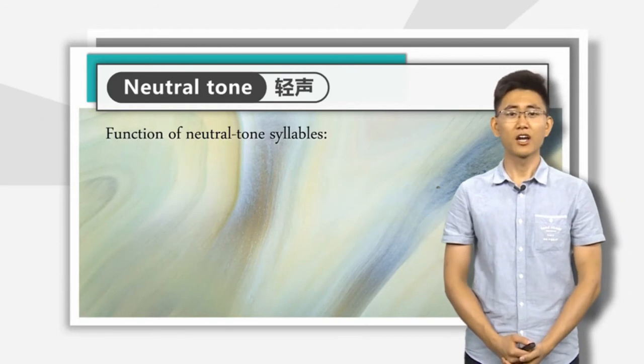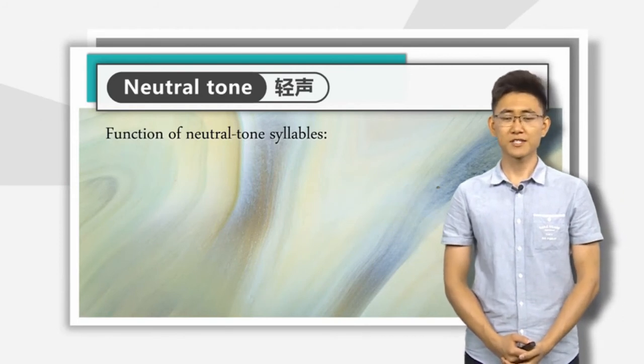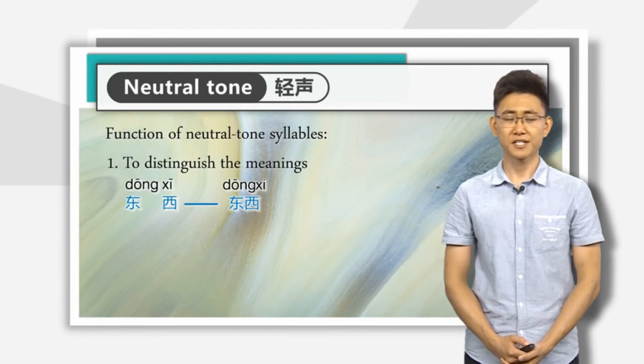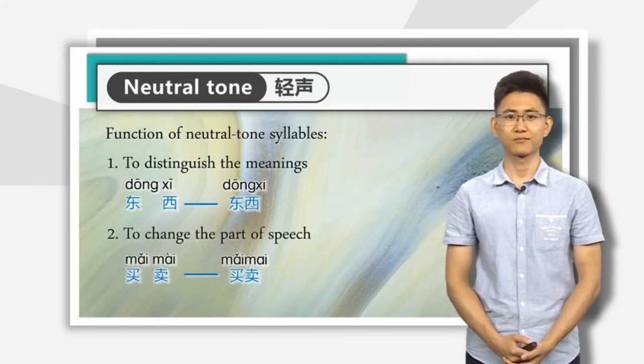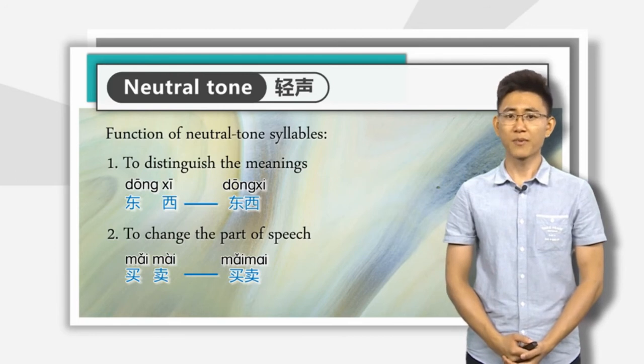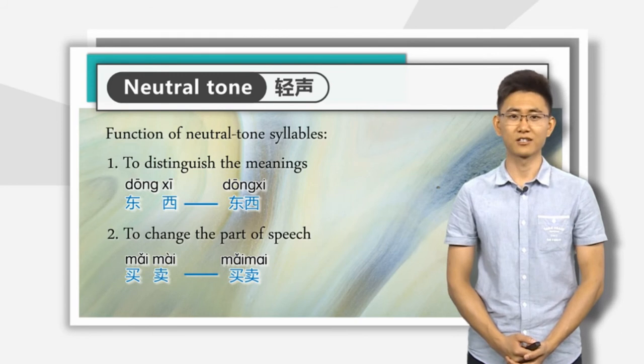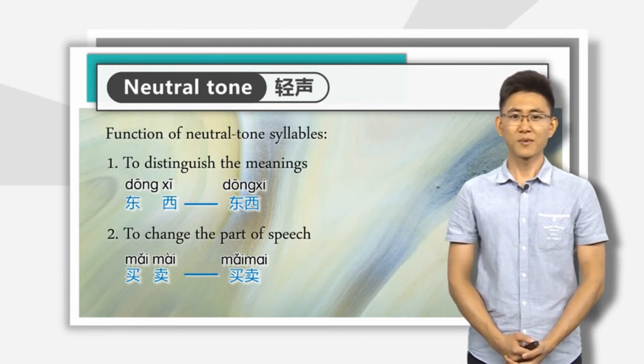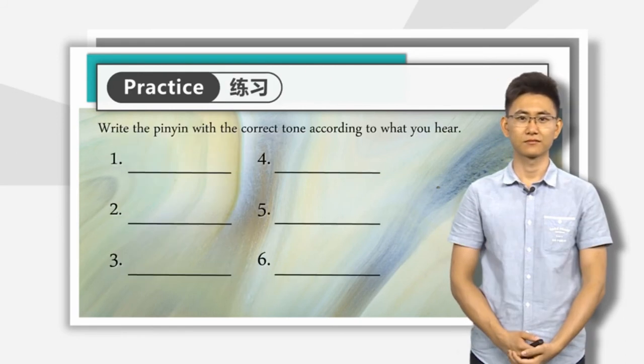To sum up, neutral tone may sometimes serve as a way to distinguish the meanings or change the part of speech, even though the characters are written in the same way. It's worth mentioning that we should remember the meaning of a word together with its pronunciation. Otherwise, we may make mistakes or misunderstandings.